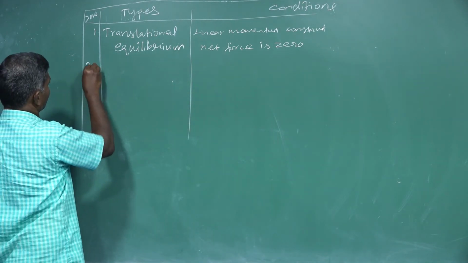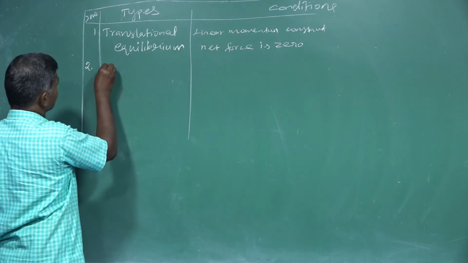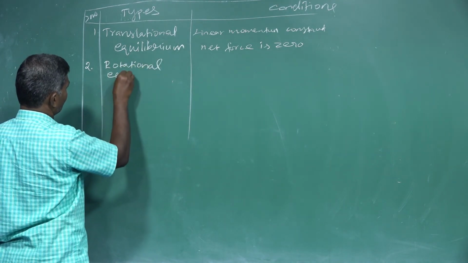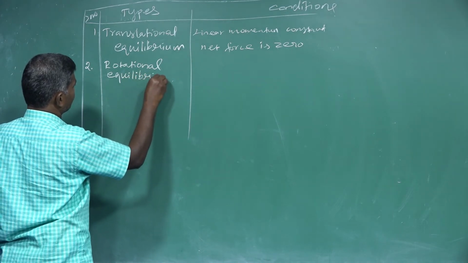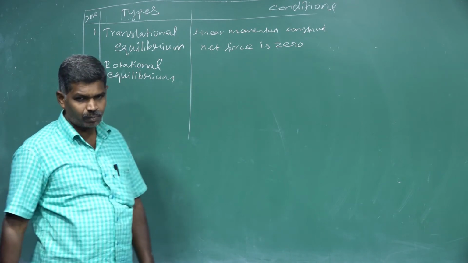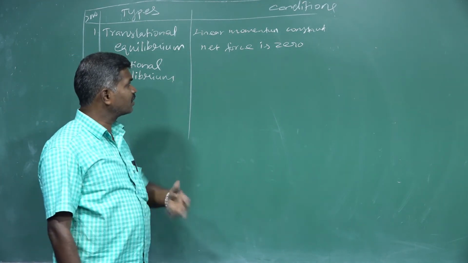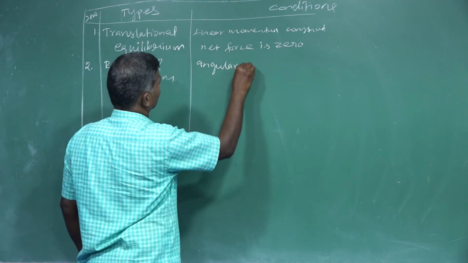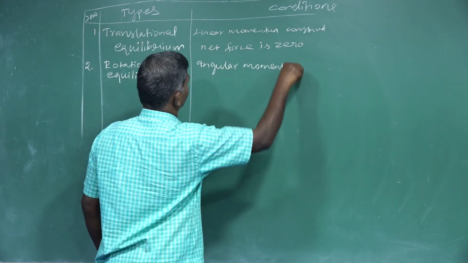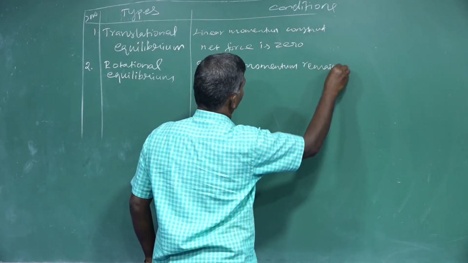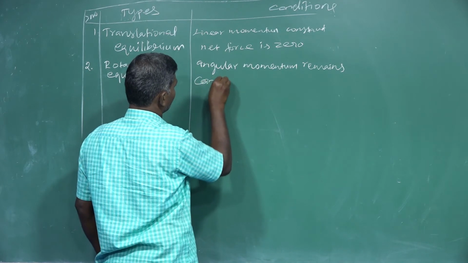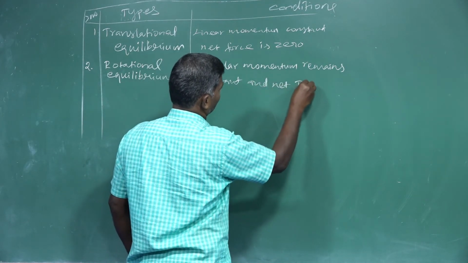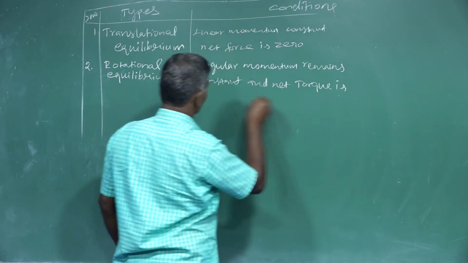Next type is rotational equilibrium. The condition for obtaining rotational equilibrium is that angular momentum remains constant and net torque is zero.